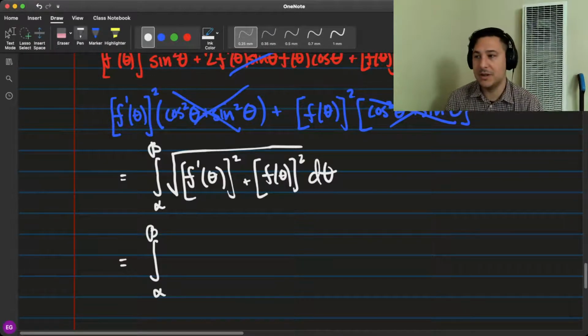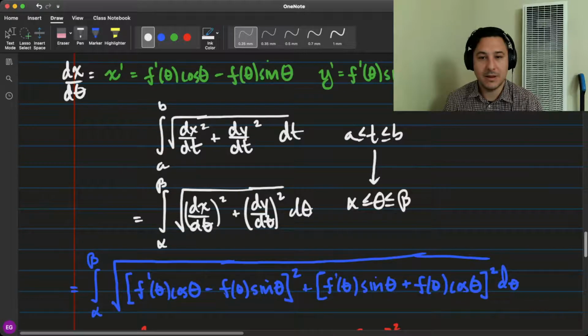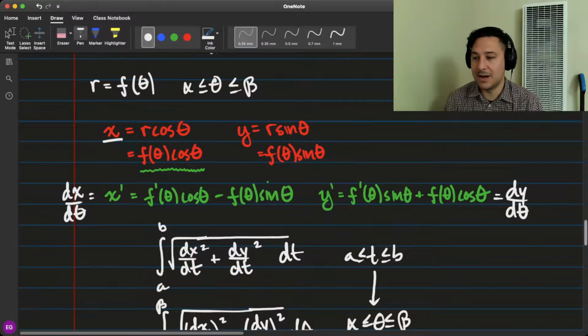Which one? Let's see if we remember. No, it's f of theta. What is f of theta equal to if you scroll back up? Yeah, it's r.